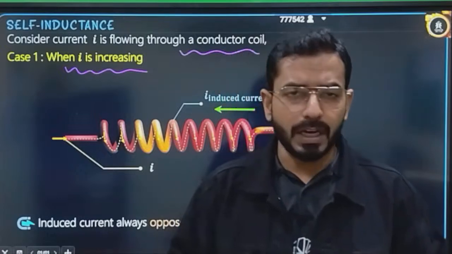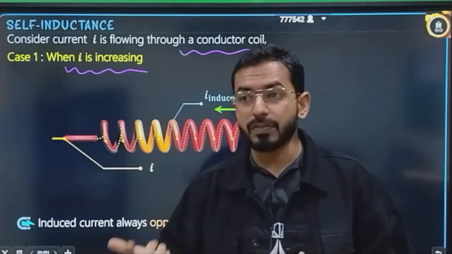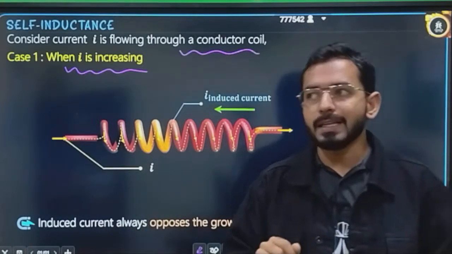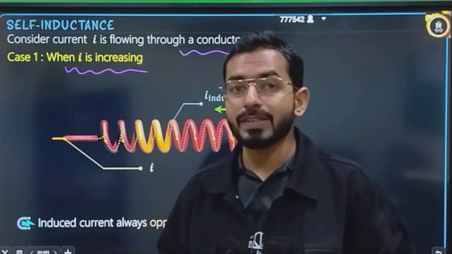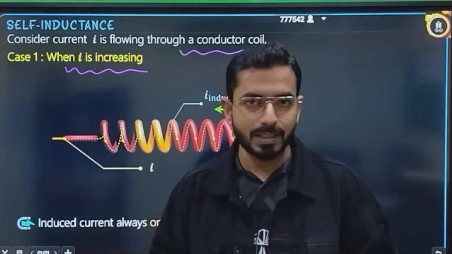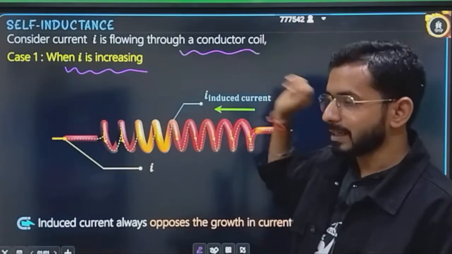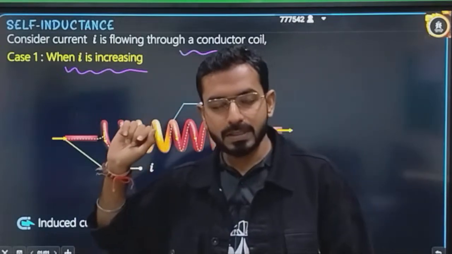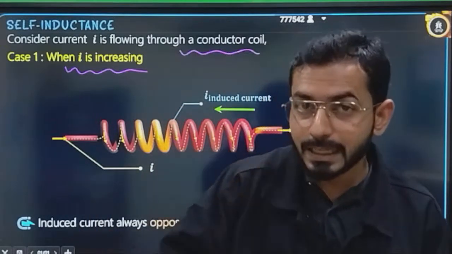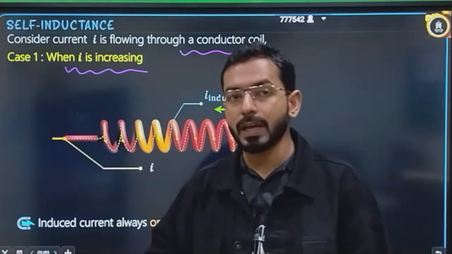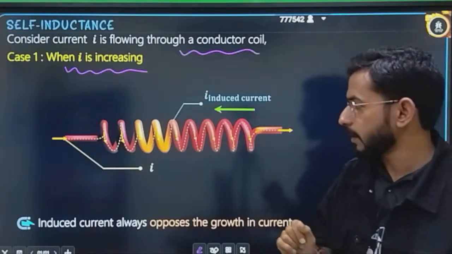Now, what will be the direction of the induced current? That is the second question. That's why we have studied Lenz's law. Lenz's law states that it will always oppose the cause that generated it. That means if the increase in current has generated it, the induced current will try to decrease that magnetic field, that is, try to decrease the increase in current.